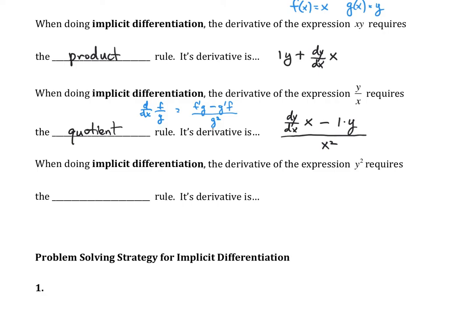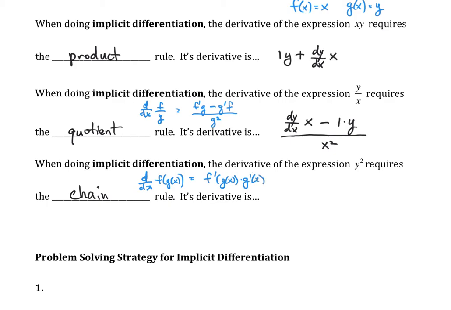When I'm doing implicit differentiation, the derivative of the expression y squared requires the chain rule. So remember, the chain rule tells us how to find the derivative of a composition of two functions, f composed with g of x. The way that worked was we took the derivative of the outside, we kept the inside function, and then we multiplied by the derivative of the inside function, right?